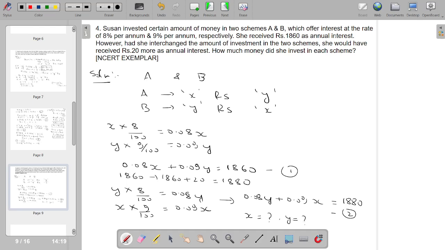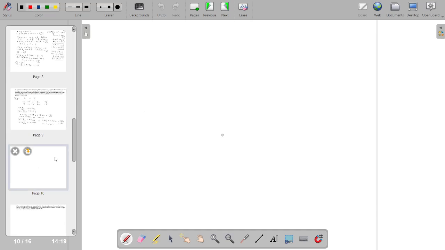I will move to the next page and rewrite the equations. 0.08x plus 0.09y is equal to 1860, and 0.09x plus 0.08y is equal to 1880.